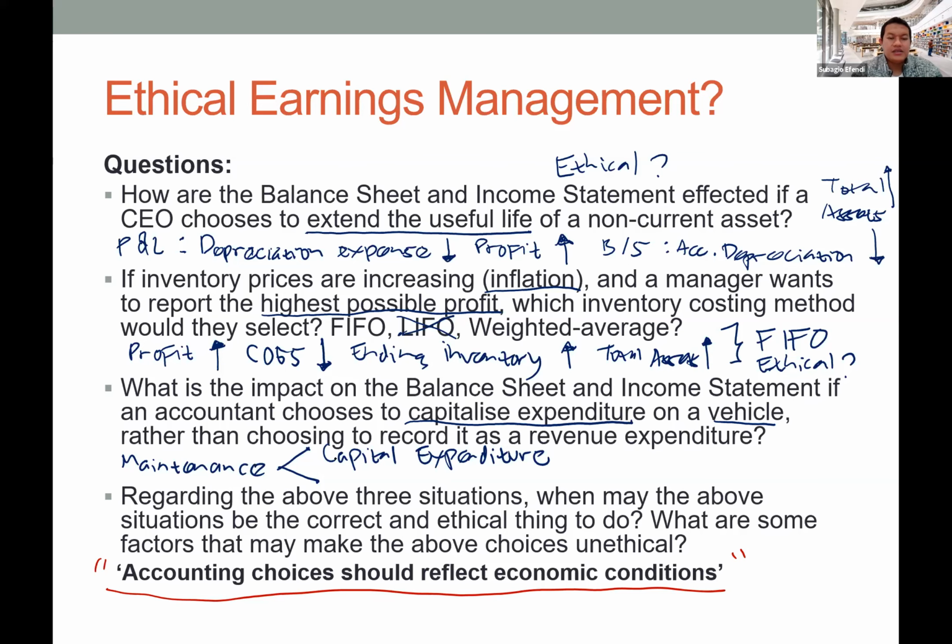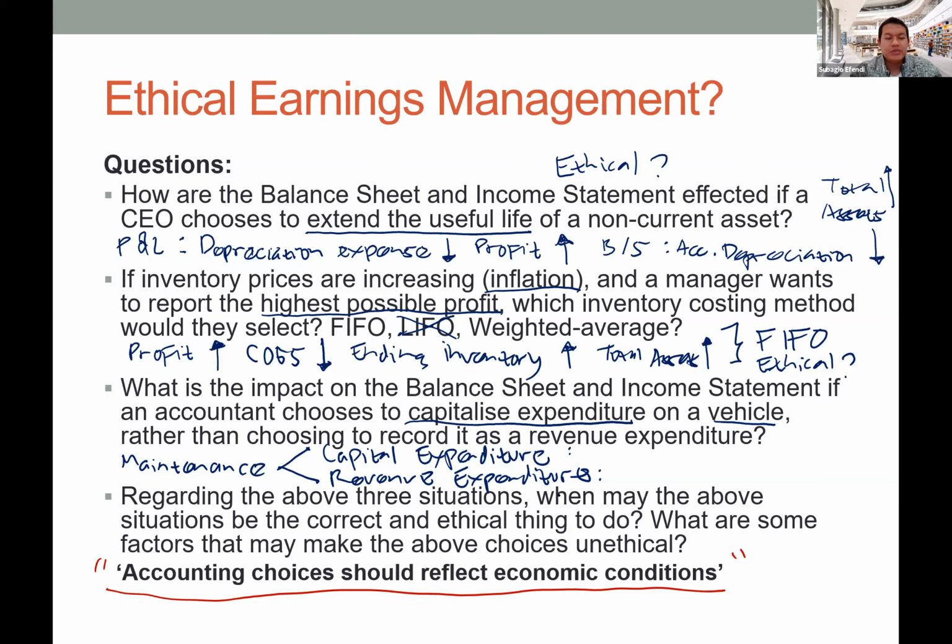Okay, and the second method is the revenue expenditure. In the revenue expenditure, the company will record maintenance expense in the debit side and then cash in the credit side. So you can see the effect of these two alternatives.